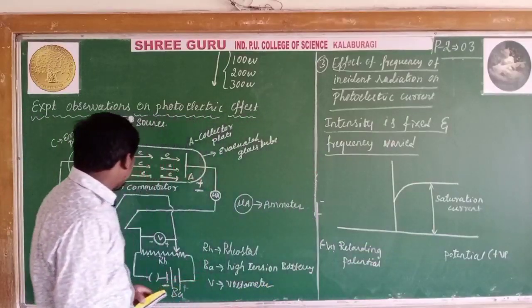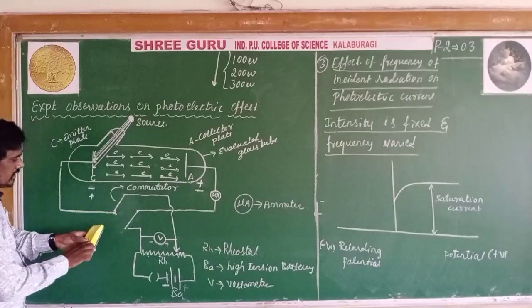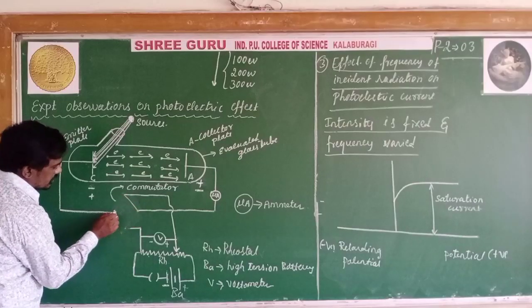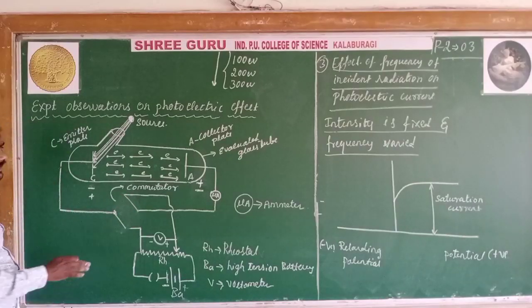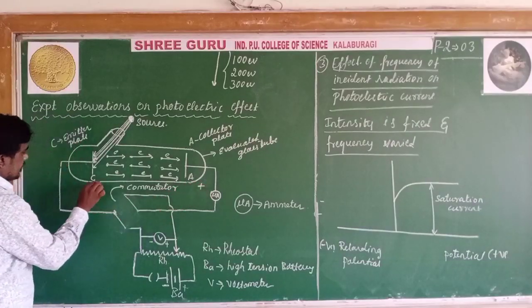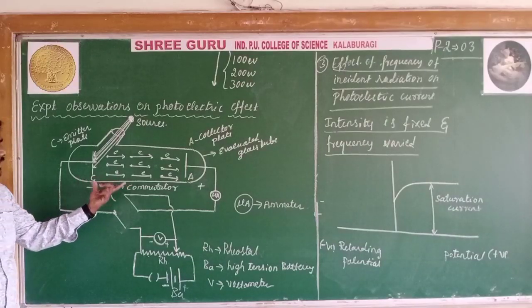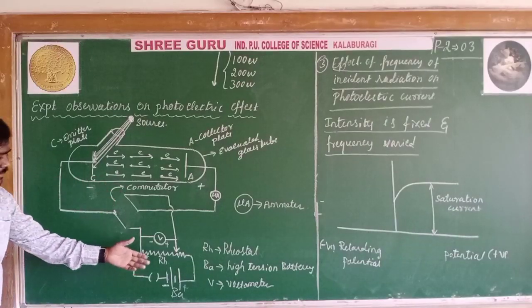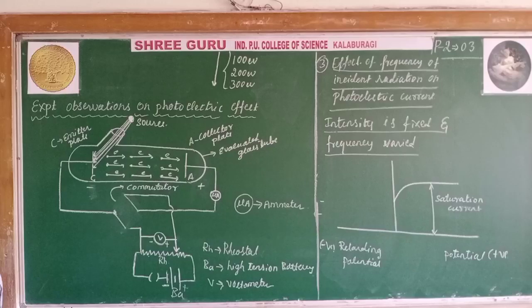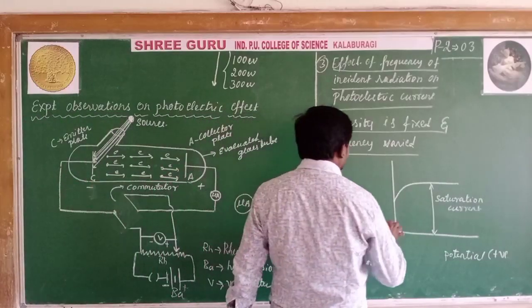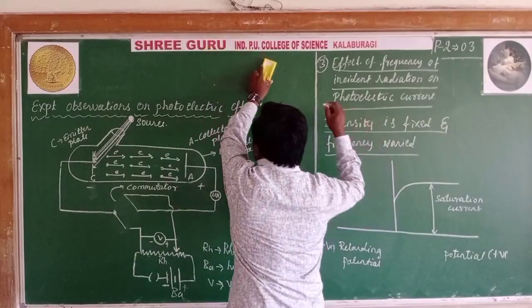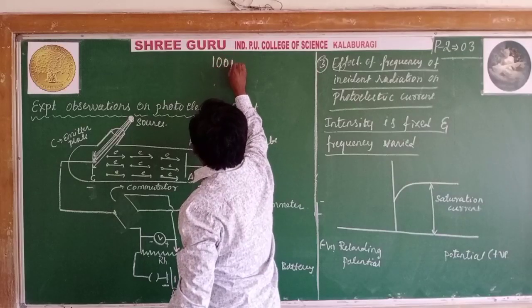Initially the polarity changes. First it is positively connected and this one is negatively connected. Now see the first condition: the positive terminal of the battery is connected to the anode and the negative terminal of the battery is connected to the cathode, across the plates. Now intensity is fixed. Let us consider that in this particular case intensity is 100 watt.